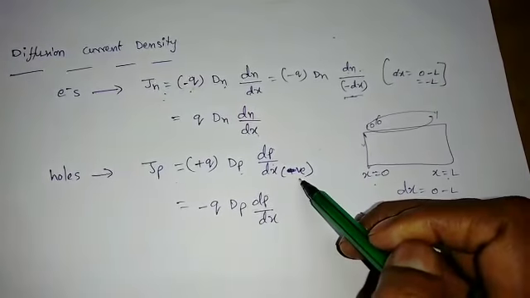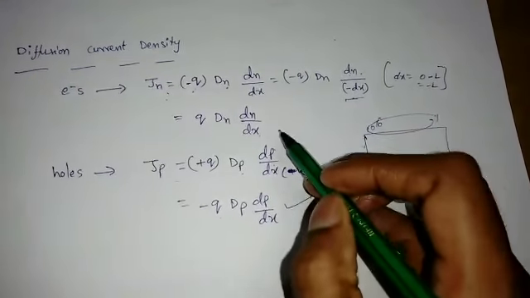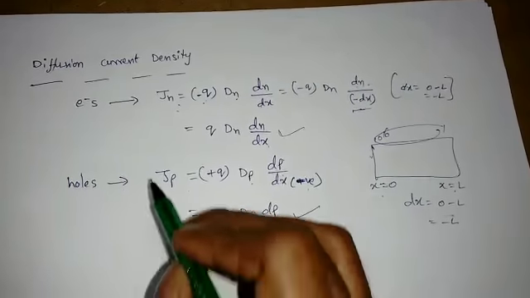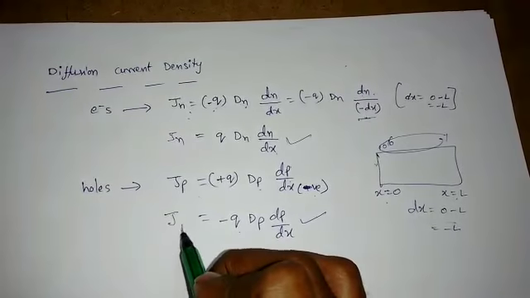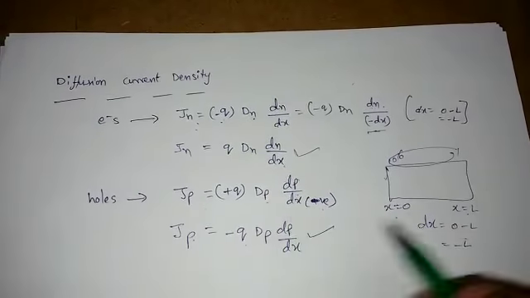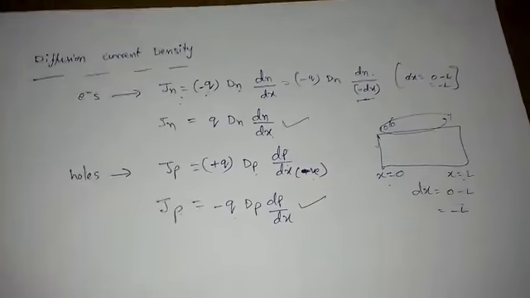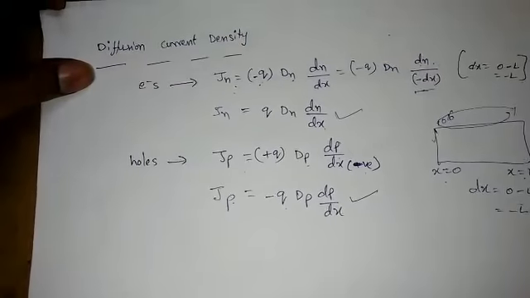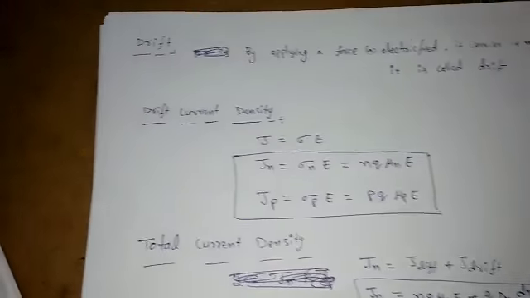Since dx is negative, I will get minus q into Dp into dp by dx. This is for electron current density, and this is for hole current density in diffusion only. These two equations are very important, you have to remember them. We will get questions directly from these two equations also.